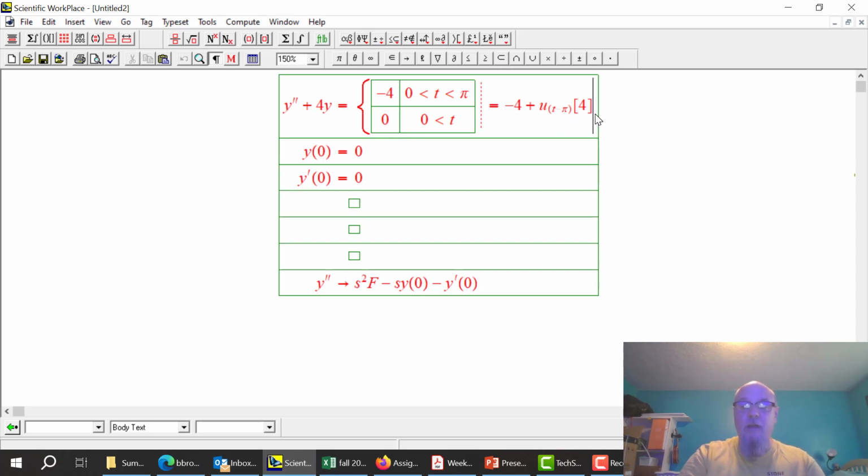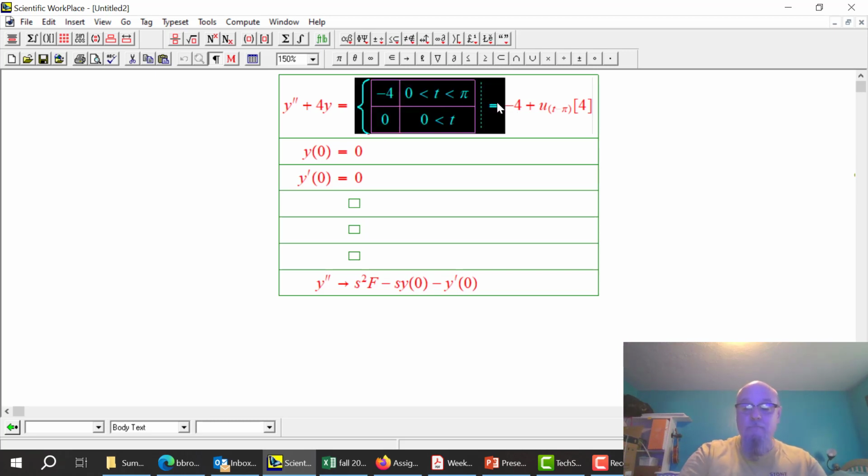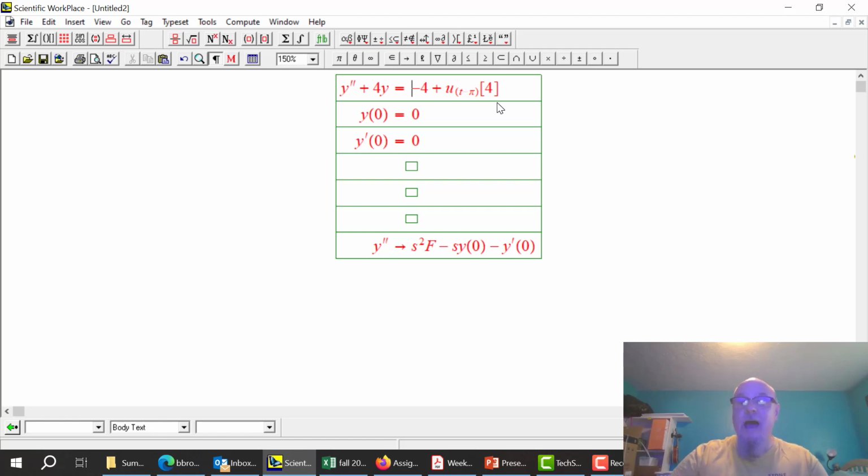Now I'm ready to take the transform of this function. And when I'm taking the transform, I'm thinking of it in that format. I've written it on one line with the Heaviside step function. So now let's take the transform. The transform of y prime prime is s squared F, where F is the transform of the unknown function.